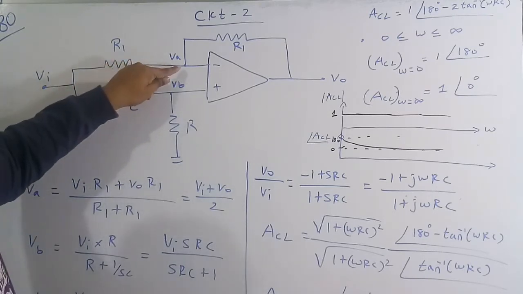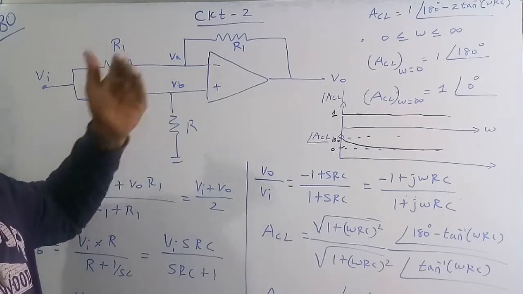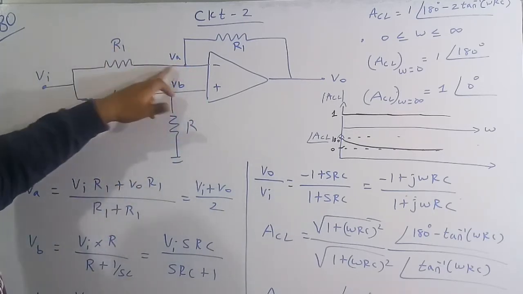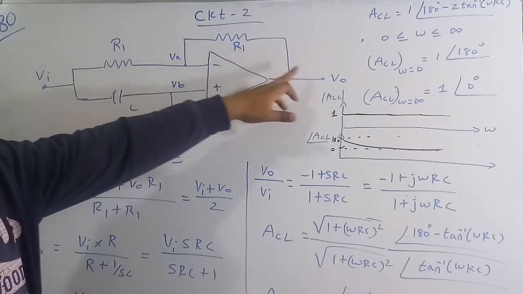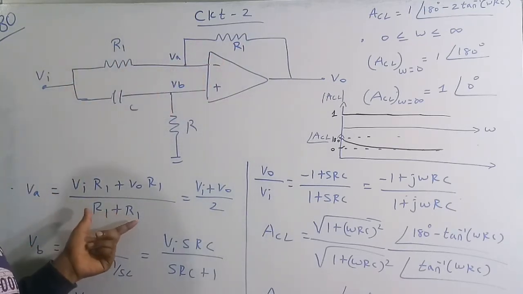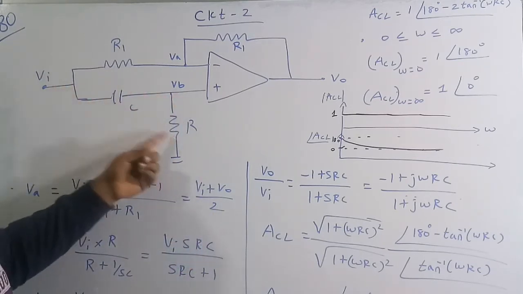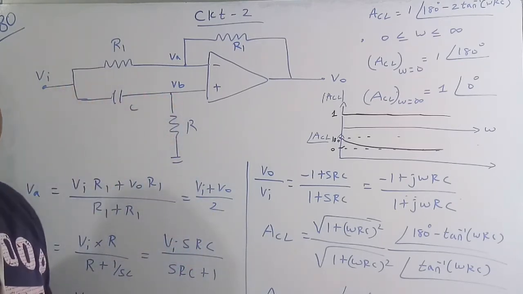Therefore VA and VB voltages are equal, because of the virtual short circuit concept for a negative feedback circuit. So VA is equal to VI into R1 plus V0 into R1 by R1 plus R2. If you solve this the same as the previous one, we get VI plus V0 by 2. VB is equal to VI into R by R plus 1 by SC by the voltage division principle.